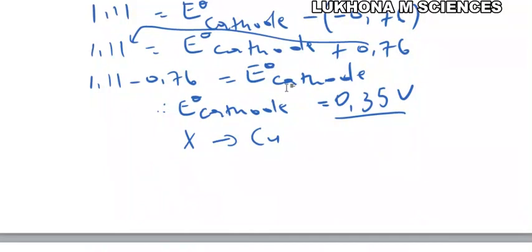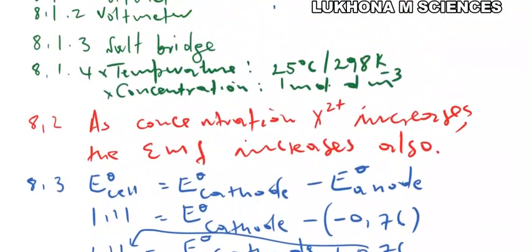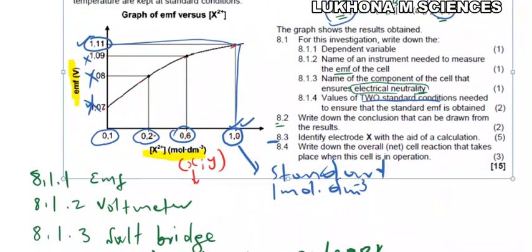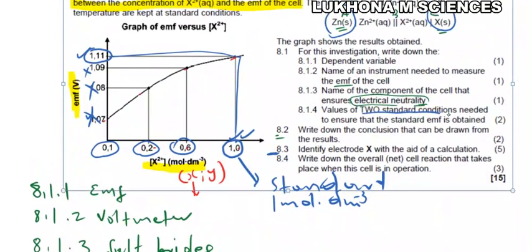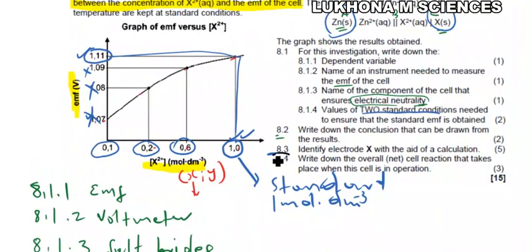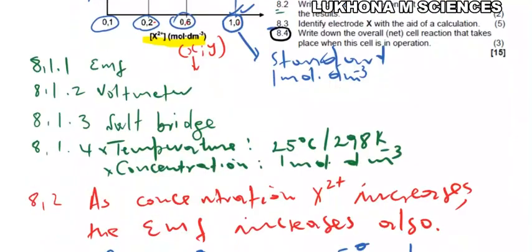Let's go to another question, which is question number 8.4. Write down the overall or net cell reaction that takes place when this cell is in operation. Now we have a copper and a zinc.